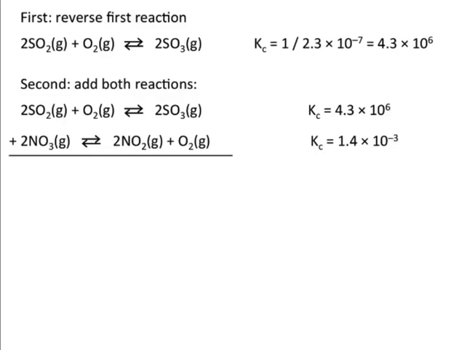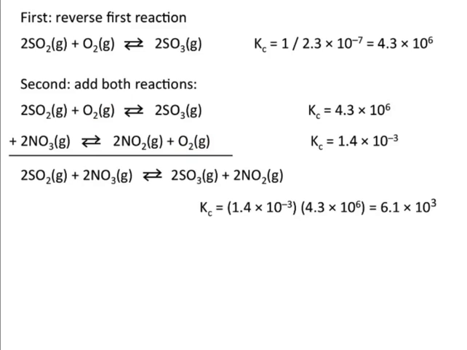Here I'm going to add them together as is and then multiply by 1/2. So we're going to add both these reactions together, and if you look at it, the oxygen cancels out on both sides, and then we're left with this overall reaction. For this overall reaction, the equilibrium constant is now the product of the equilibrium constants of the two reactions we added together.